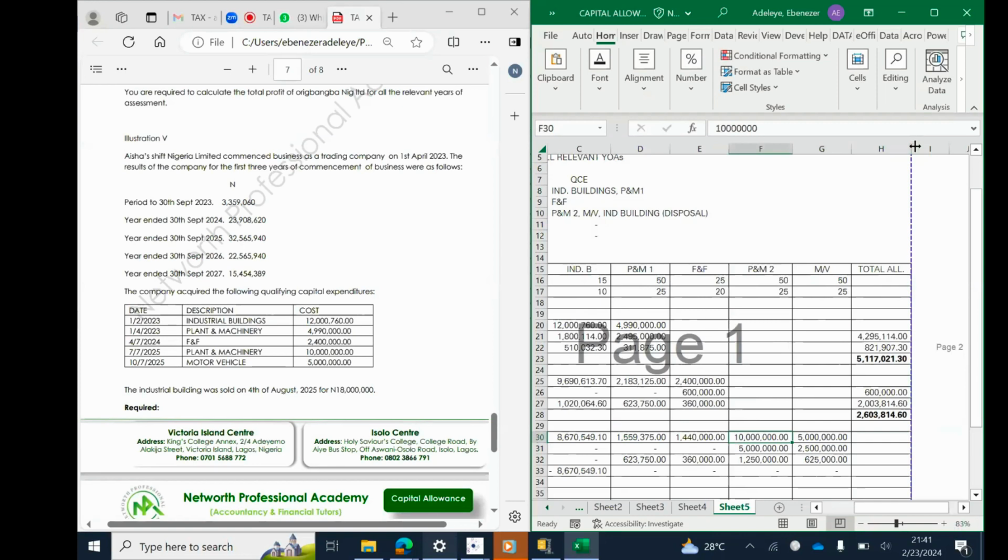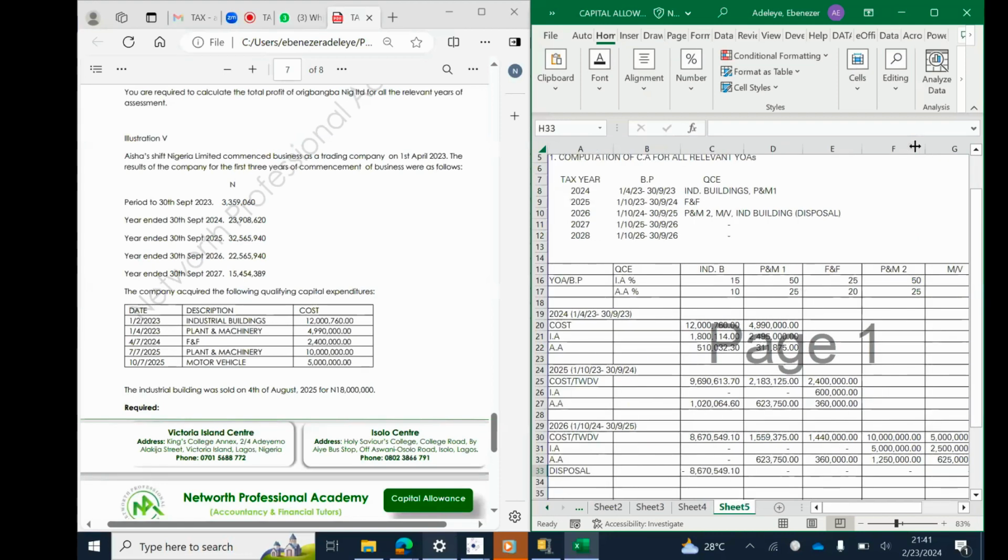Let us calculate our allowances, please. For this, we have this allowance. For this, we have this allowance. In the case of disposal, you have to compute the balancing charge or the balancing allowance separately, so that you do not get confused. Please pay attention to what I'm trying to say. Where there is a disposal during any of the years, finish the computation of your capital allowances first so that you do not mix them up.